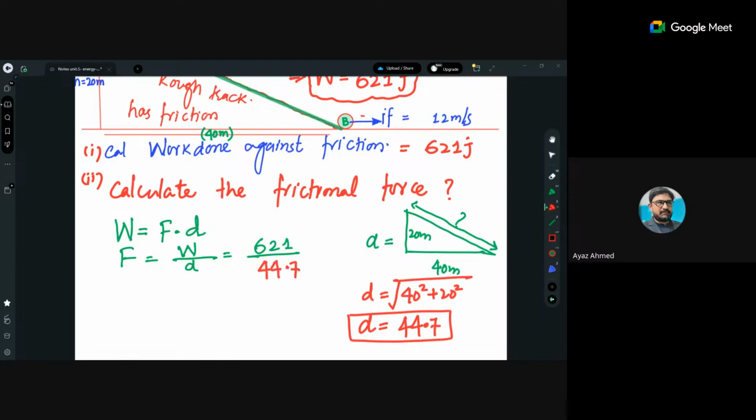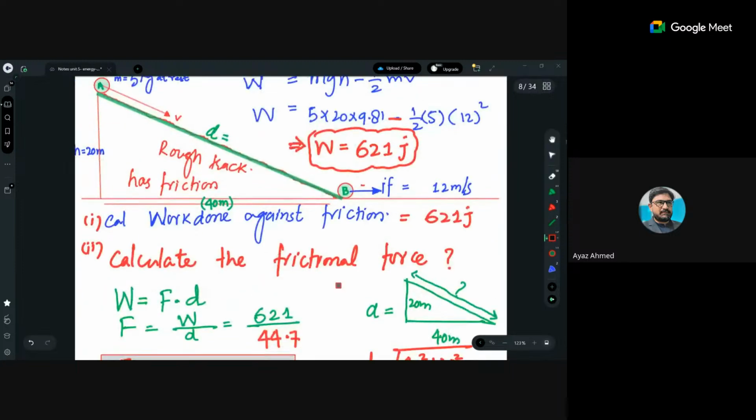44.7 will be used. So now calculate frictional force. Sir, 13.8. Yes, 13.8, which is equal to 14 Newton. So please remember one thing. We learned that the frictional force will be calculated by dividing by the distance at which friction is applied.